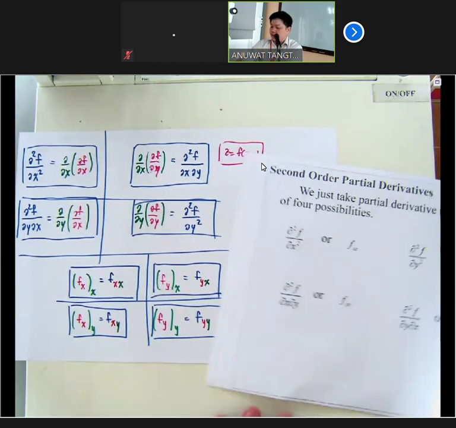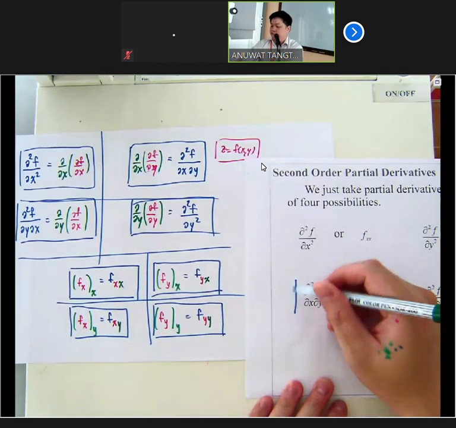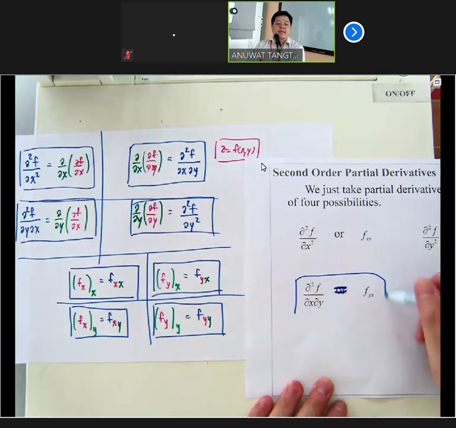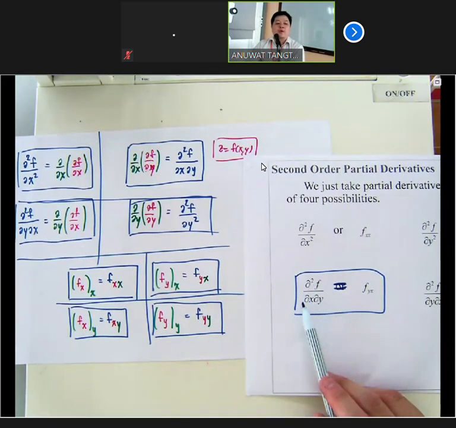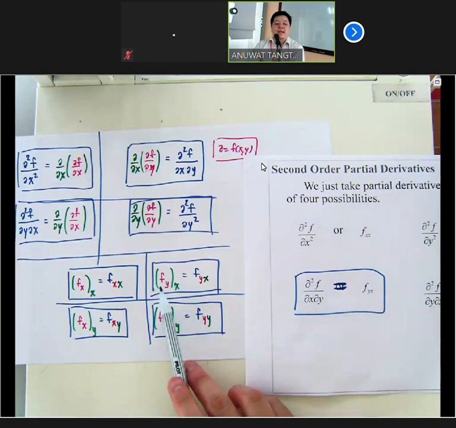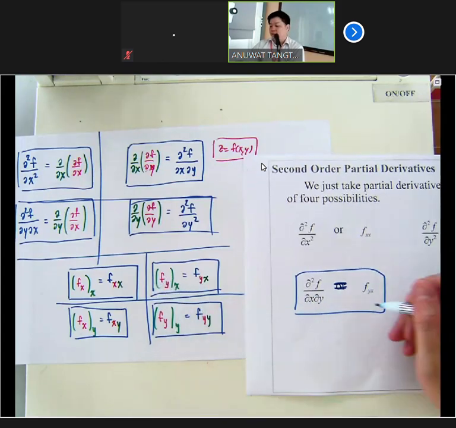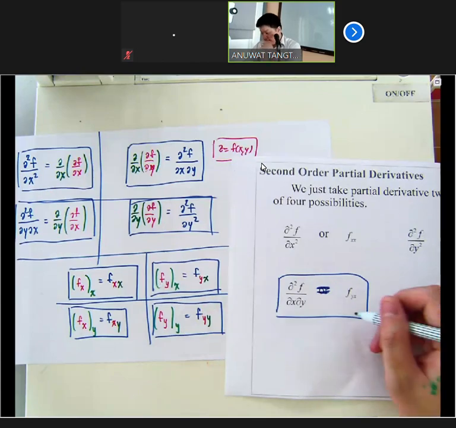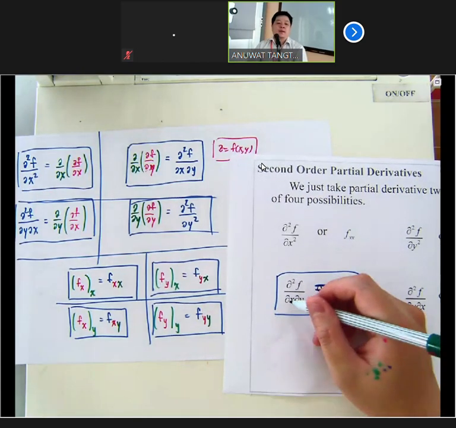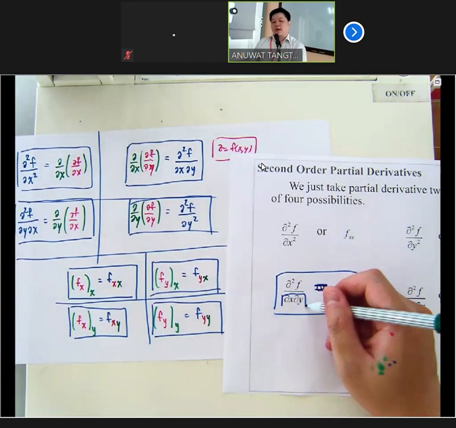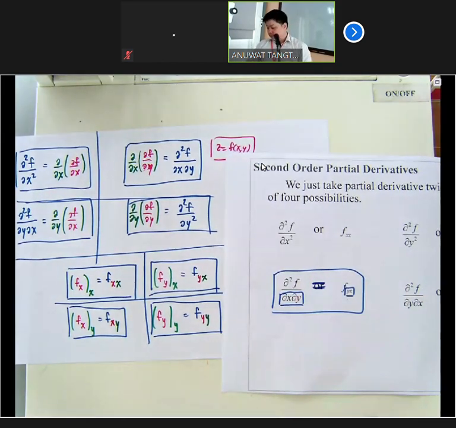This is exactly the same thing. D square f by dx dy means we differentiate y first and x later. But when we use subscript notation, that means fy and then x, so it becomes fyx. So here is yx, here is dx dy. That is what I want you to focus on.